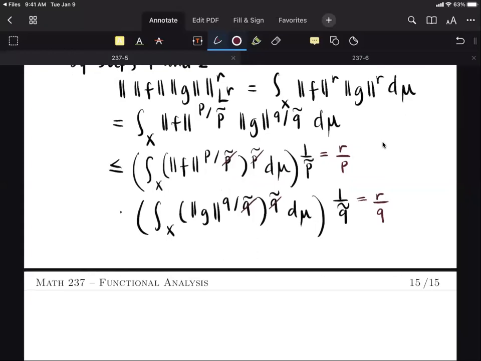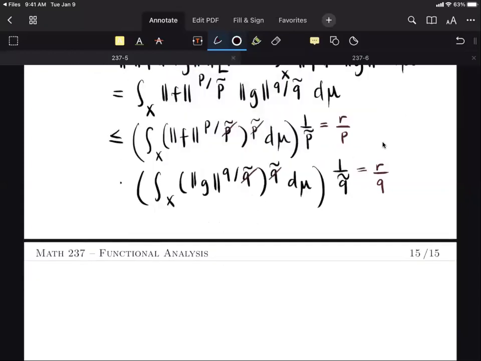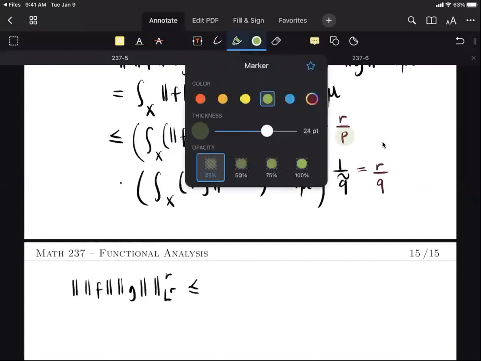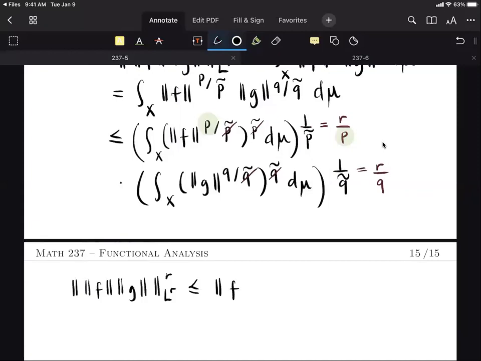So let us summarize the left-hand side. We started with the LR norm of the product. We have shown that this is less or equal to, here, take note now that the power is p. I have a reciprocal here. So this will correspond to the LP norm, but then I have an extra power r, so this should be raised to r. And you can do that for the second term, and you can observe that this is the LQ norm of g raised to r.